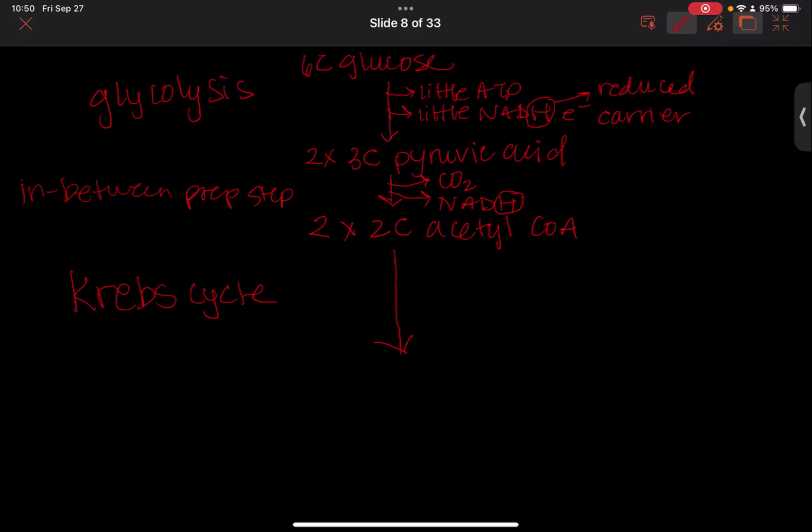The things that you give off in the Krebs cycle that are important, the big daddy important guys for this step, are going to be the NADH and FADH2. These are our electron carrier coenzymes. It's really bad, but you can tell what it says. So that's the main thing that we want out of the Krebs cycle.